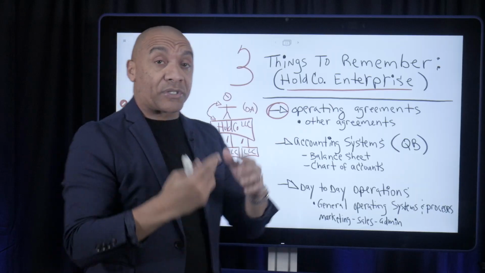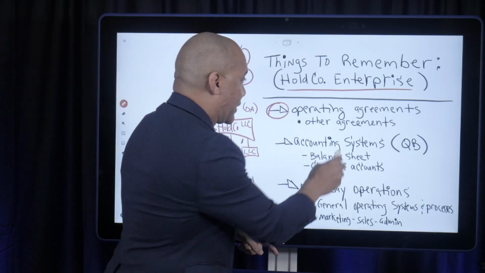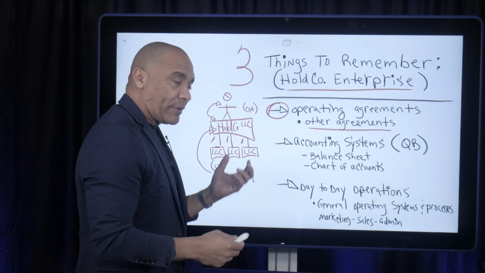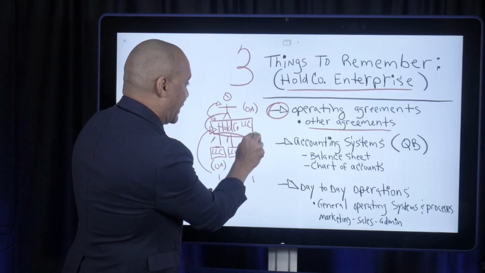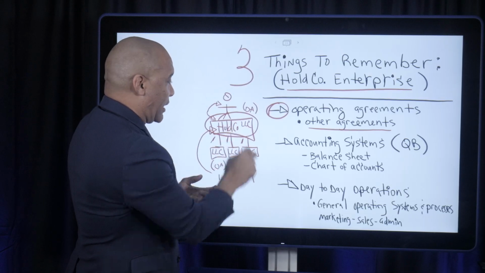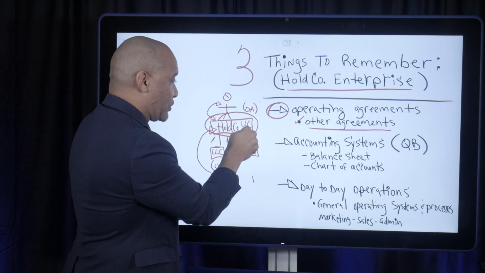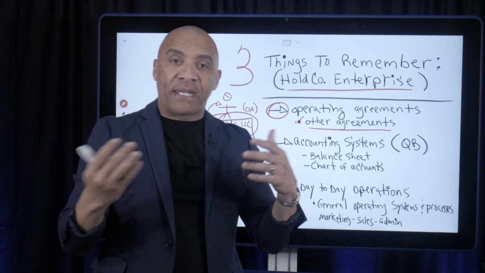Your operating agreements are extremely important, okay? And I put here other agreements because what if these are profitable subsidiaries and you're using this company as a management company? It would be beneficial for you to have a management agreement between the HoldCo and these other companies. There are many other agreements.